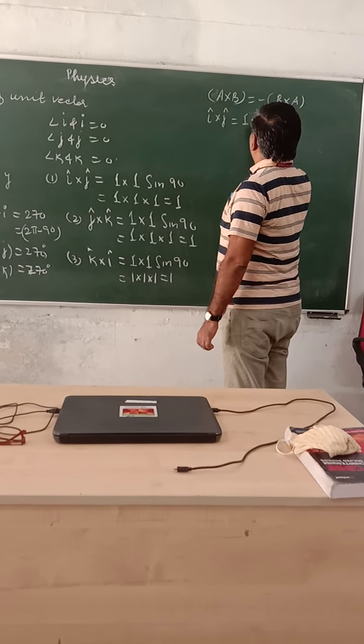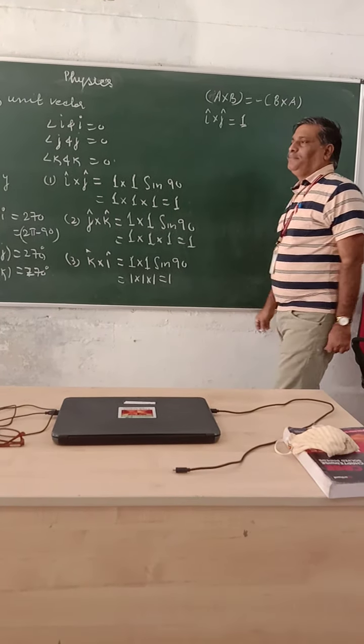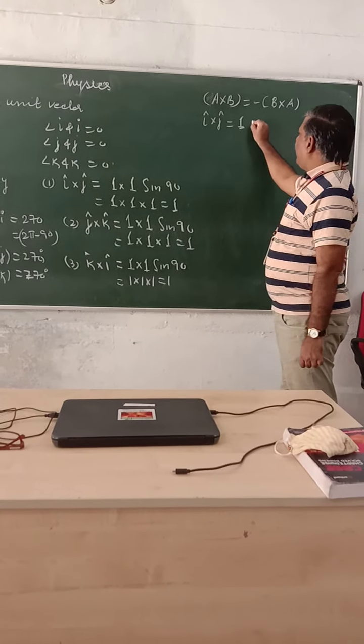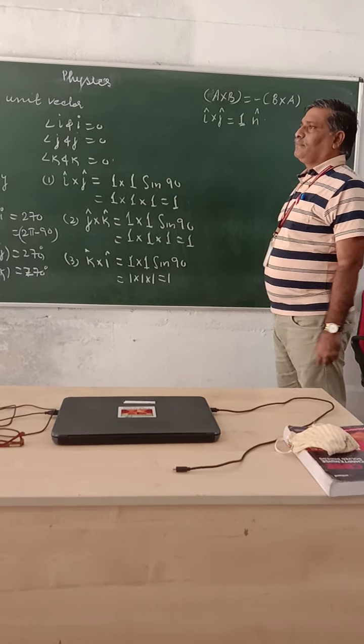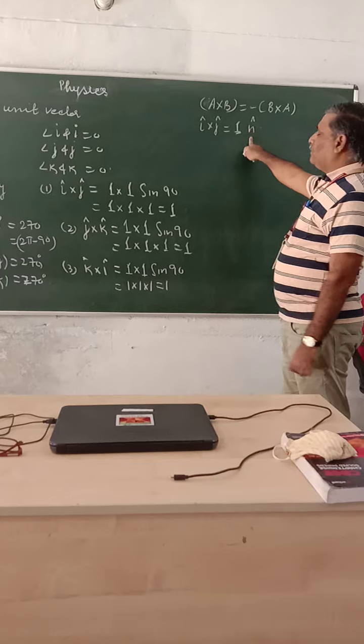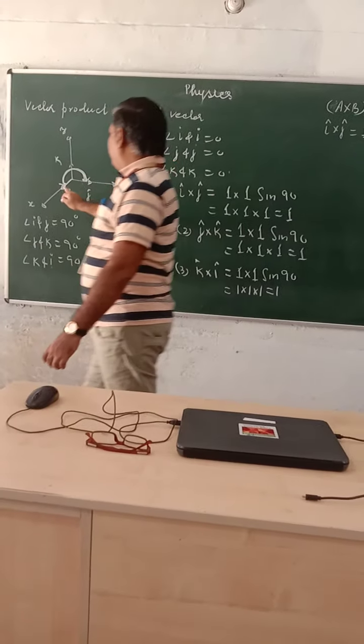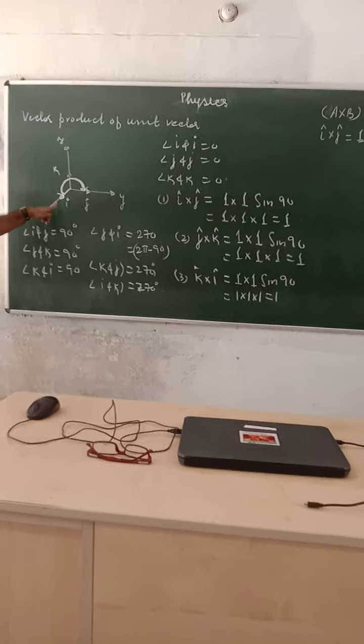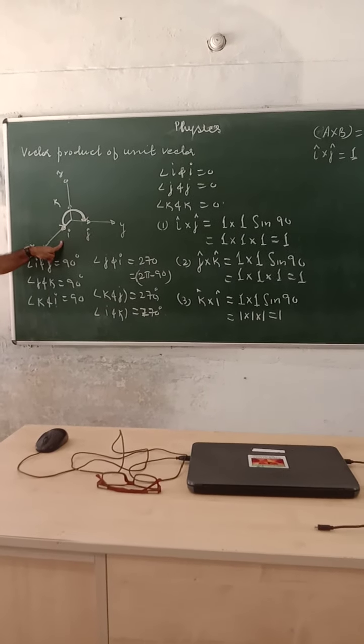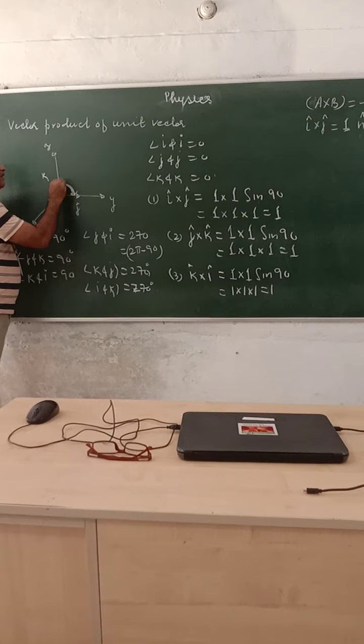But what about its unique direction vector, what about its n cap? This vector is perpendicular to both of them. n cap is perpendicular to both of them. That is nothing but k.